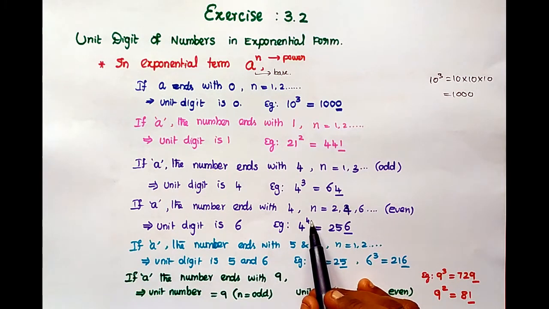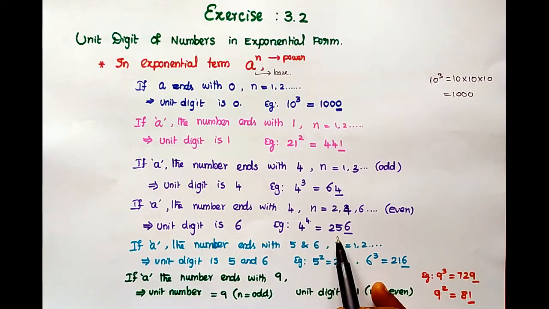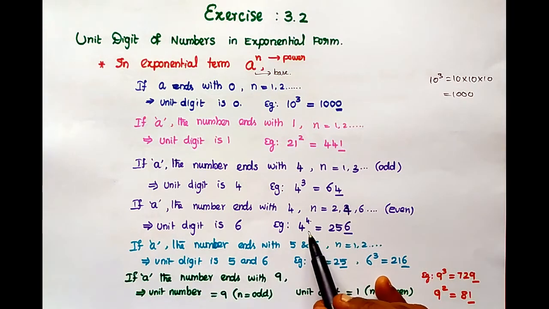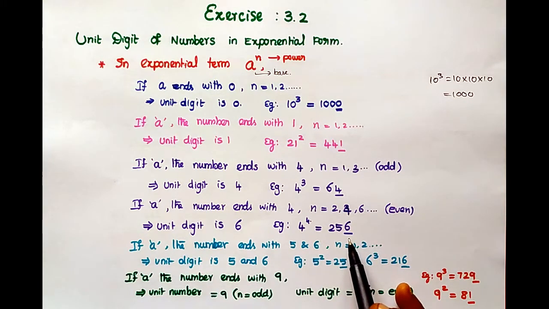We get the result 256, with the unit digit 6. Listen, odd powers mean the unit digit is 4. Even powers mean the unit digit is 6.